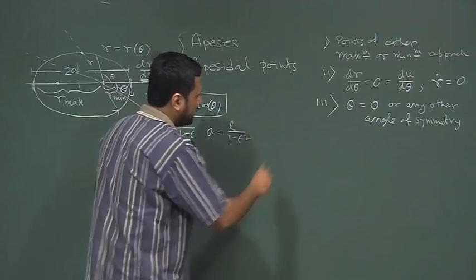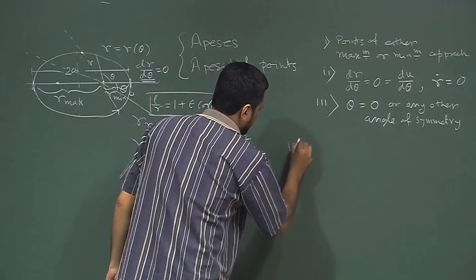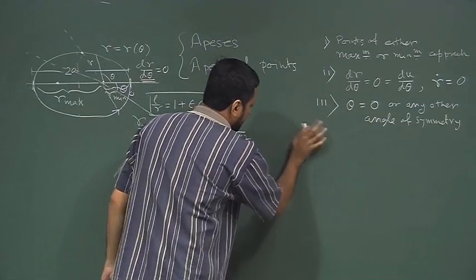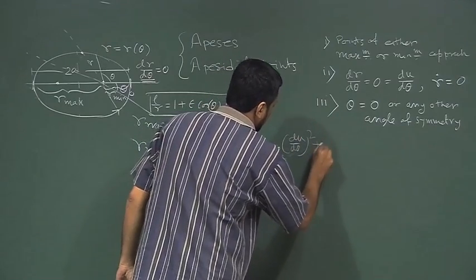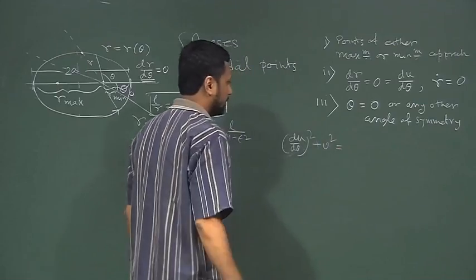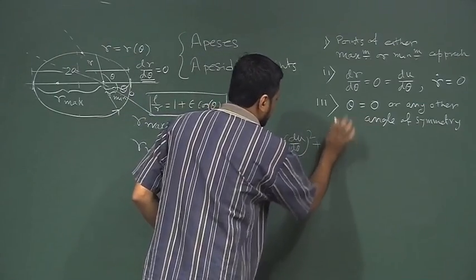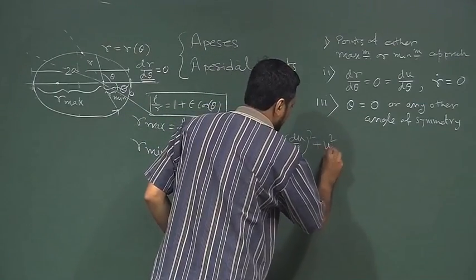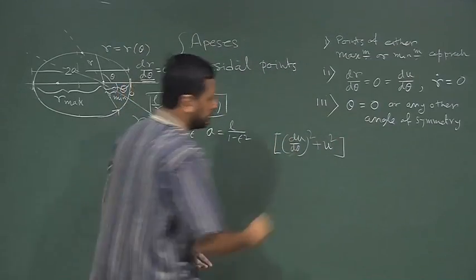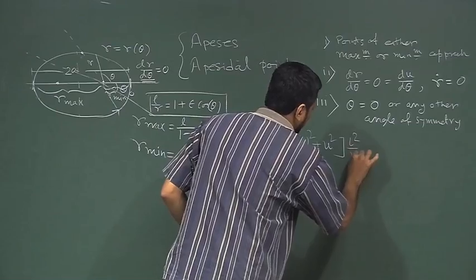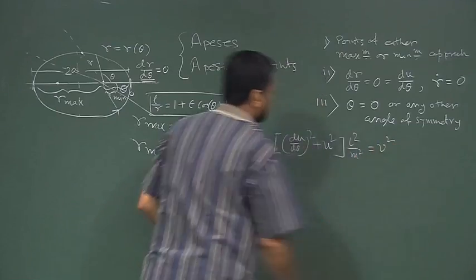Now, if you go back to the original equation of velocity we wrote, that was du d theta whole square plus u square, whole multiplied by L square by m square, equal to v square.